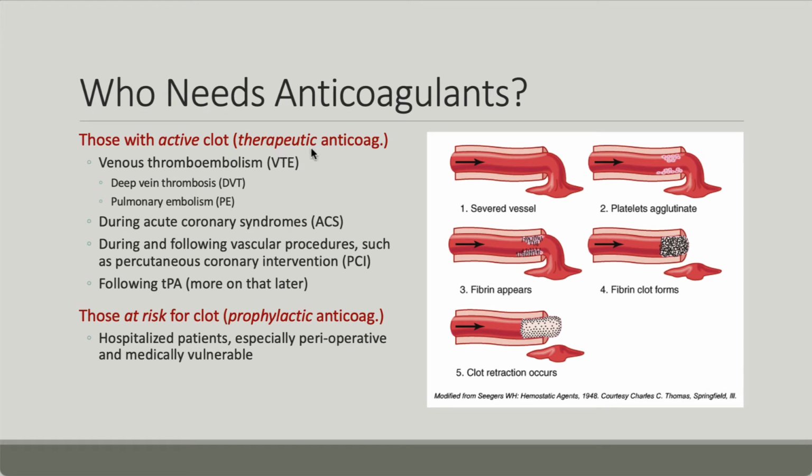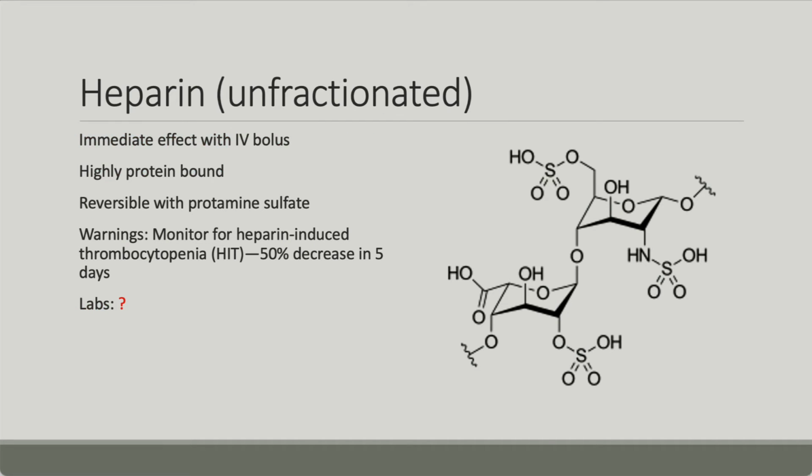So a therapeutic dose is a higher dose, and it works when we have an active clot that we're treating. A prophylactic dose is one that is usually half a dose, right, or a smaller dose that just cripples the clotting system. It doesn't absolutely paralyze it, okay? And we use that in people who are at risk for DVT in the hospital.